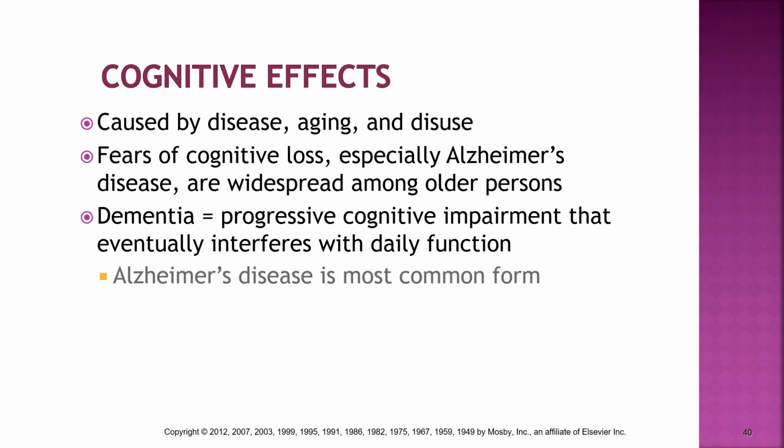Cognitive loss, Alzheimer's disease, dementia. Alzheimer's is a specific type of dementia. Parkinson's is different. It's separate from dementia. They are not the same condition. Dementia is a progressive cognitive impairment that eventually interferes with daily function.